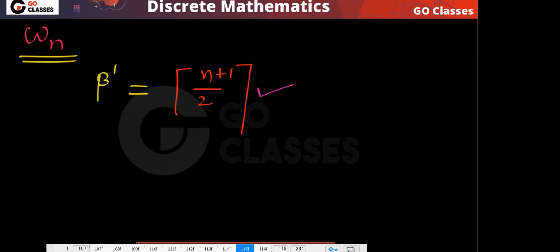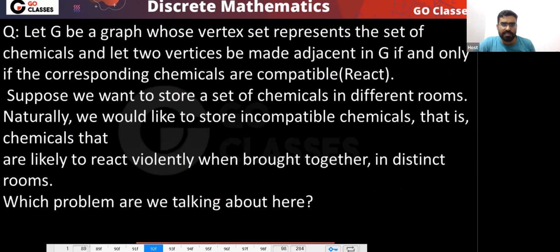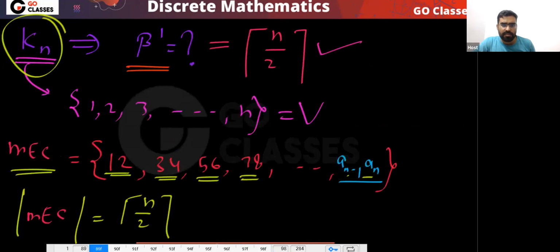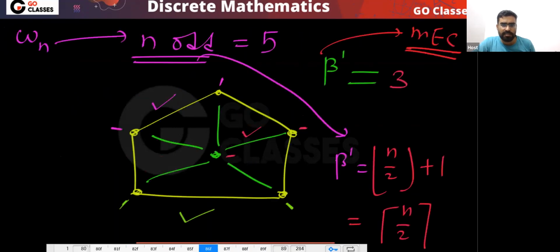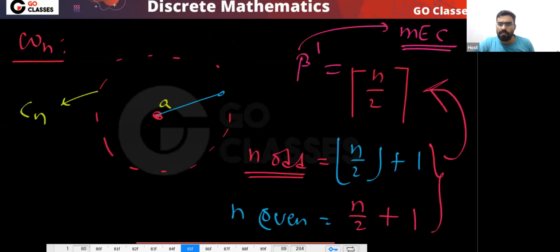Let me go back to where we were discussing this wheel graph. And for the wheel graph, what did I say? If n is even, then you can do n by 2 plus 1.